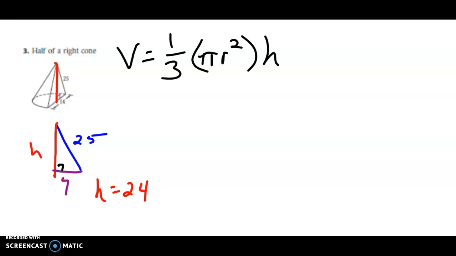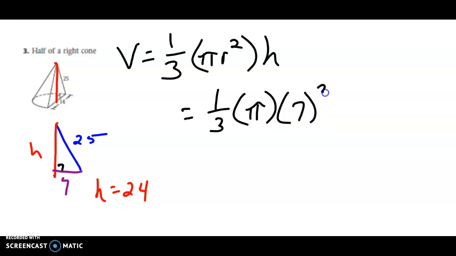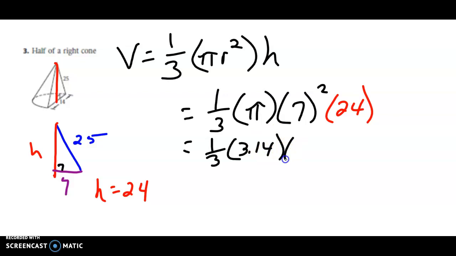So then it's really pretty simple. It'll be 1/3. The radius we know is going to be 7, so that's going to be 7 squared. And then our height is going to be 24. So we got 1/3 times 3.14 times 49 times 24.